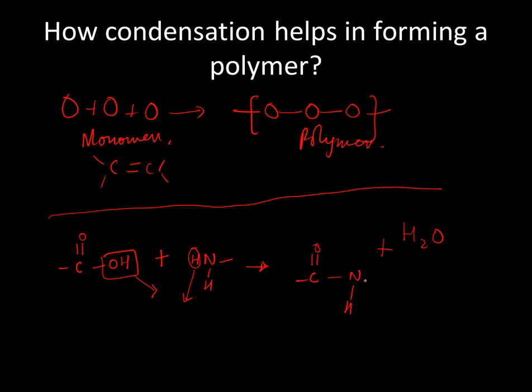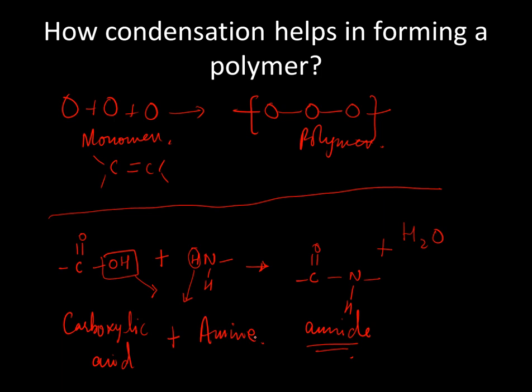So this is how we say this is amide linkage, and it is formed when a carboxylic acid reacts with an amine, right? So we will find such situation in the formation of condensation polymerization.